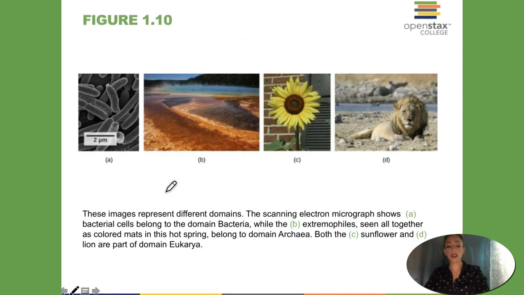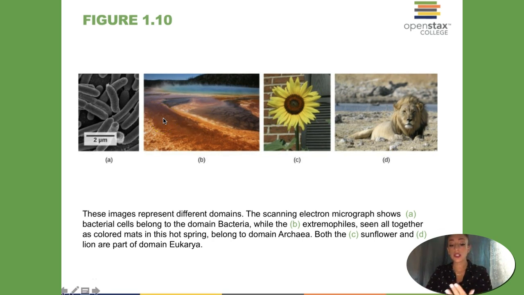These are some other images that represent the different domains. You do want to be able to identify which domain each one of these falls into. There are 3 different domains: domain Eukaryote, domain Bacteria, and domain Archaea.